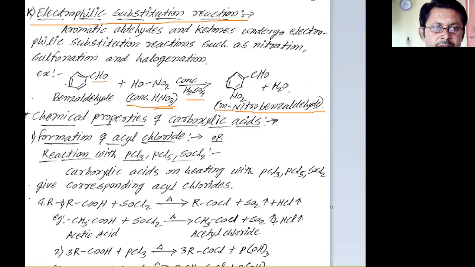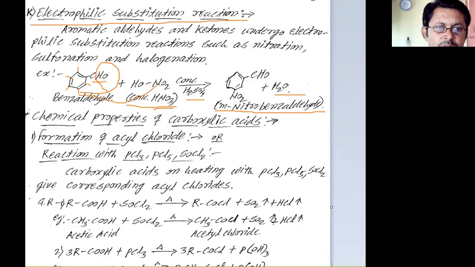In a benzene ring, there is one hydrogen atom at each of the 6 carbon atoms. One nitro group replaces one hydrogen atom, and that removed hydrogen atom combines with the OH group to give a water molecule.